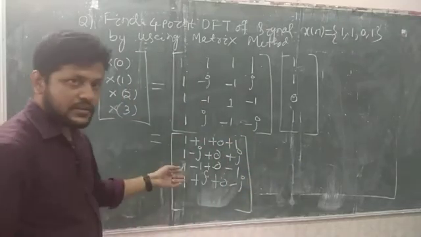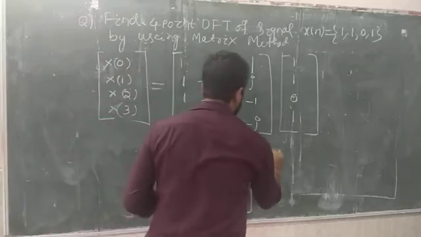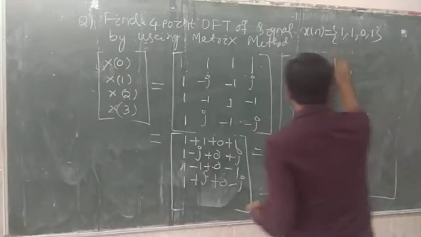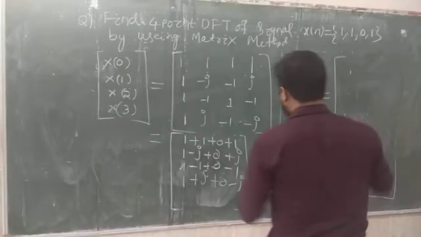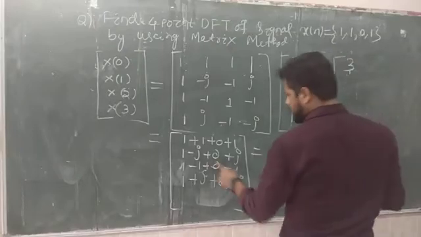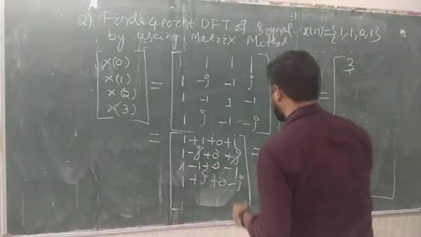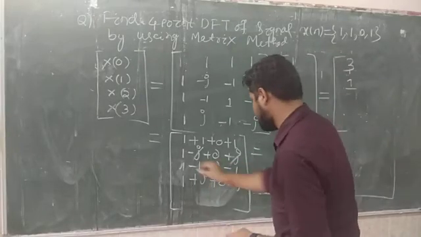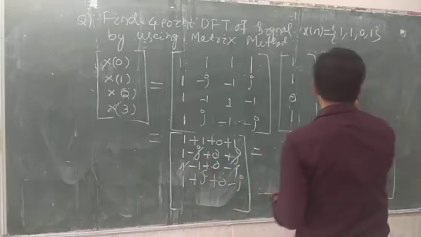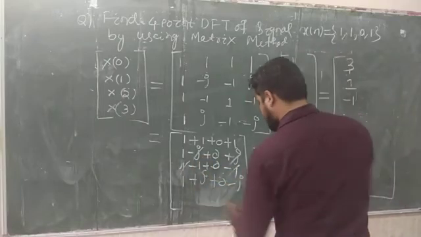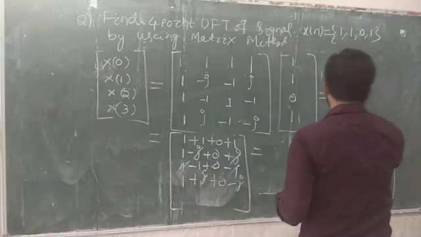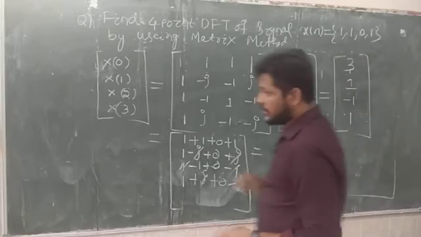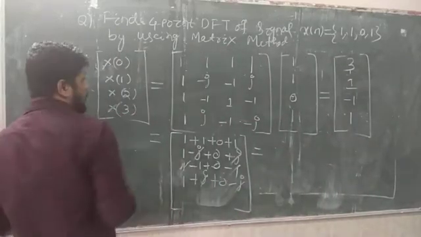Just add these, and the result will be 3, then minus j plus j cancel out giving 1, then plus 1 minus 1 cancel out giving minus 1, then plus j minus j cancel out giving 1. So the result will be 3, 1, minus 1 and 1.